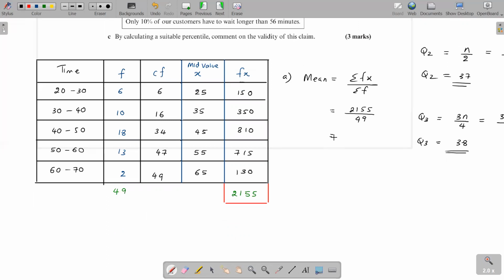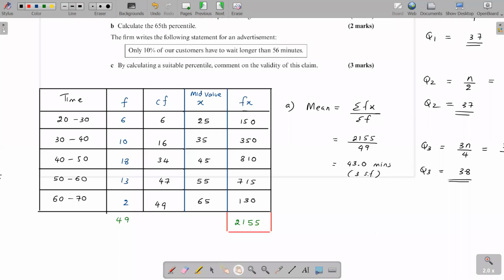Let's give it to 3 significant figures. So it becomes 44.0 minutes, and you can write in brackets that you have corrected this to 3SF.